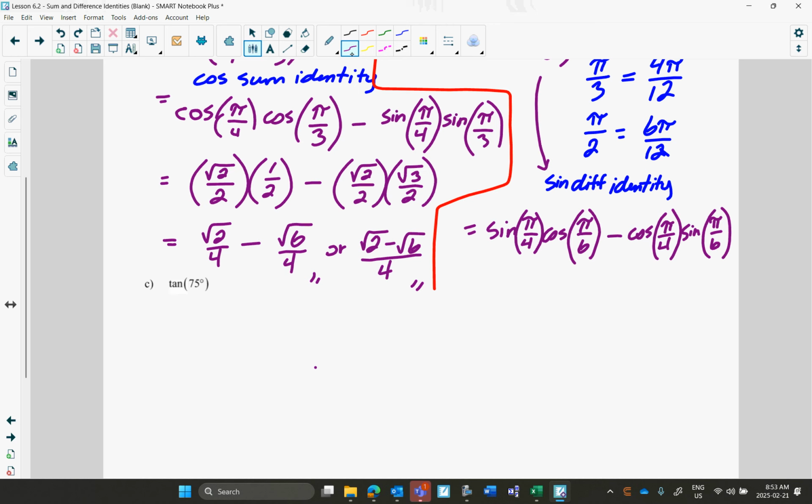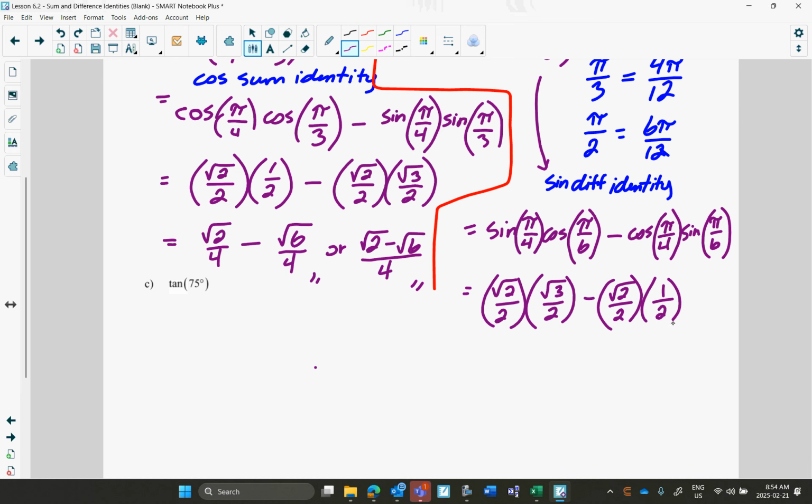Sine of pi over 4, root 2 over 2. Cosine of pi over 6, root 3 over 2. Minus cosine pi over 4, root 2 over 2, times the sine of pi over 6, 1/2.